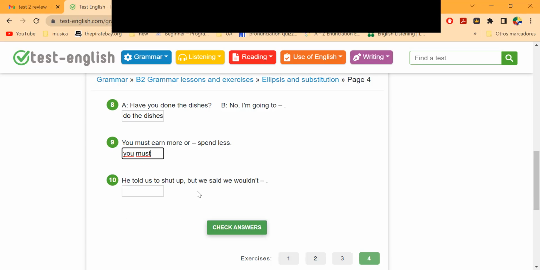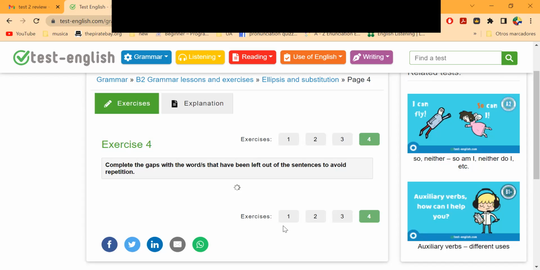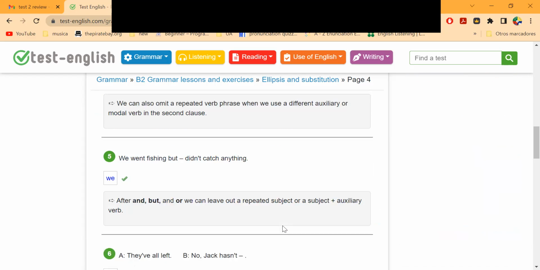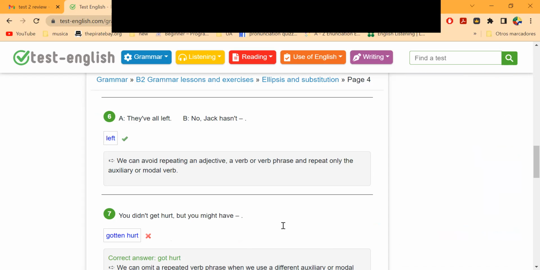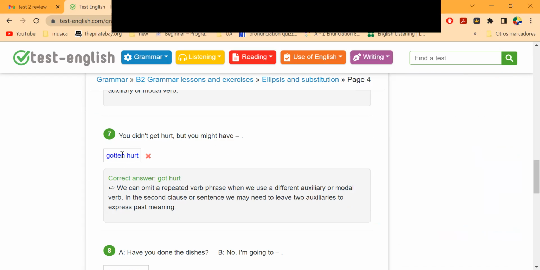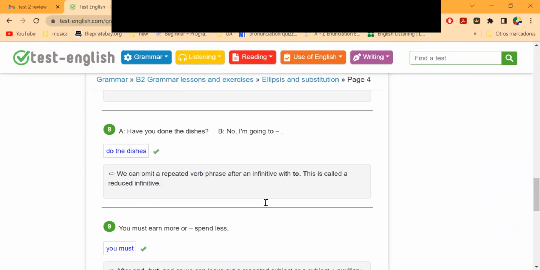He told us to shut up, but he said he wouldn't shut up. Aceptó el got hurt. Ya. Pero este también se ocupa cada vez, está en decadencia el pobre gotten. Es un poco anquilosado, old fashioned, but still used.